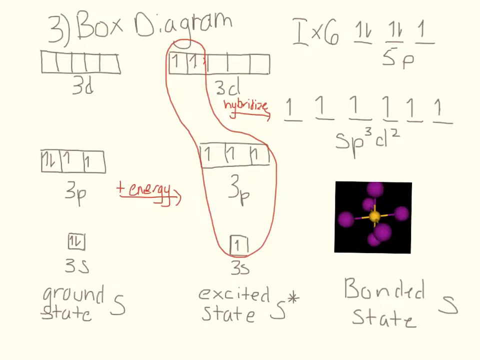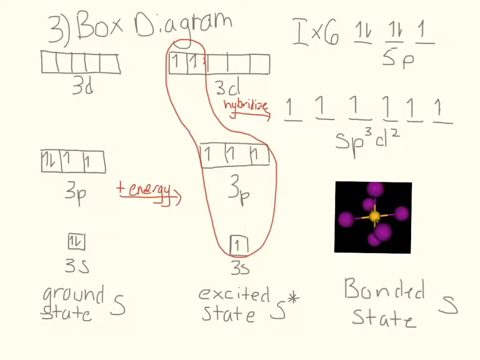And what that is representing is the ground state of sulfur. Now only 3s, 3p, and 3d are being shown because the 1s, 2s, and 2p orbitals will just take up space, and we're really only focusing on the 3s, 3p, and 3d orbitals.